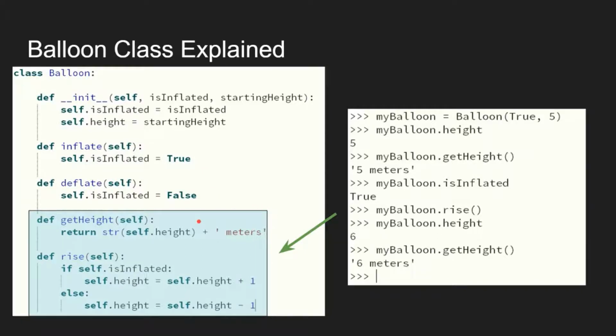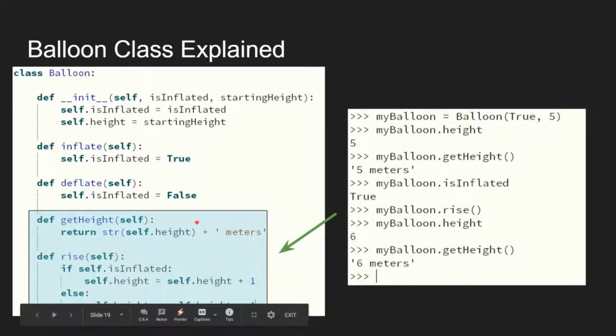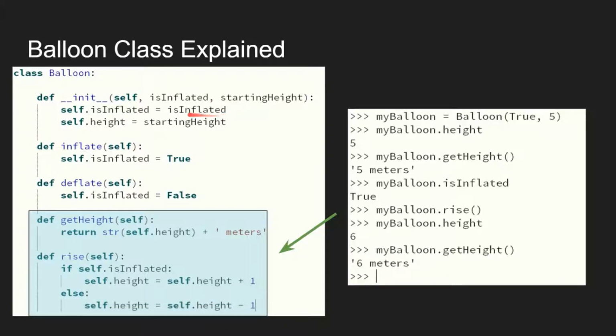Now let's talk about getHeight and rise. So we've already seen multiple times that isInflated is a property or a variable of any balloon instance, but so is height, and height is a number, remember, representing its height above the ground. So all getHeight does is it returns a string with the height plus meters.